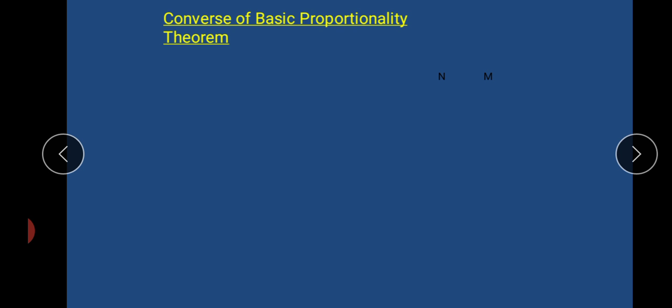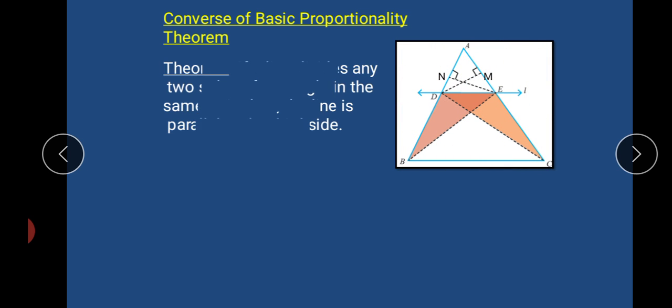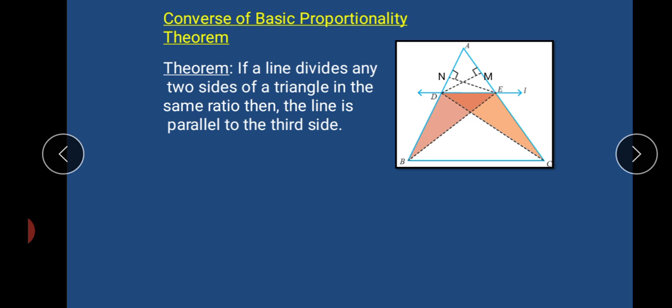Let's go to the converse of the basic proportionality theorem. The figure is the same. What it says is, if a line divides any two sides of a triangle in the same ratio, then the line is parallel to the third side. In the theorem, the line was given parallel and we were asked to prove the ratio is equal. Here it is given that the ratios are equal.